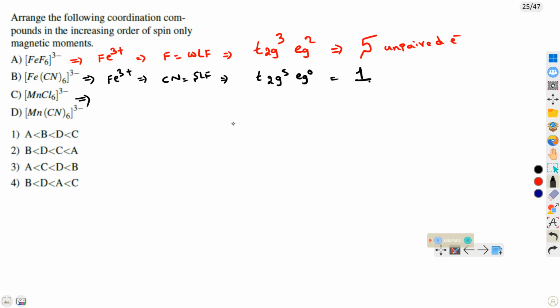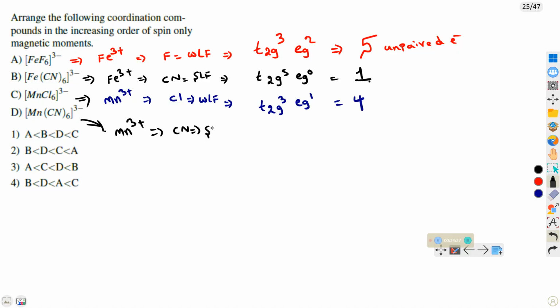[MnCl6]3-. Manganese is in the +3 oxidation state. Chlorine is an example of a weak ligand field. So the electronic configuration is t2g3 eg1 and it contains 4 unpaired electrons. Finally, [Mn(CN)6]3-, manganese +3, CN strong ligand field.